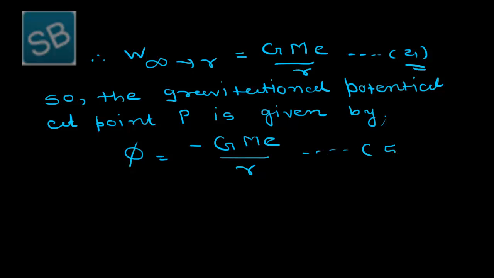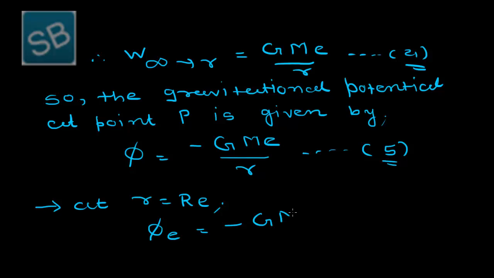But this is the actual equation, and it is very helpful to solve some important applications of space physics. From this gravitational potential, if I want to find out at the Earth's surface, meaning at r equal to Re, the value of phi at Earth's surface is given by minus GMe over Re. That is equation number 6.